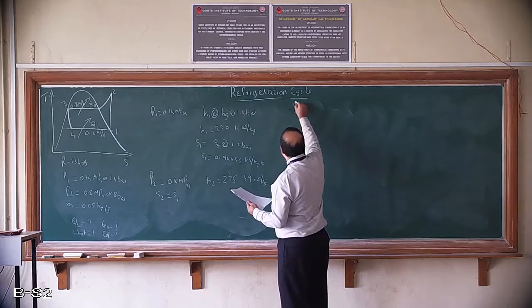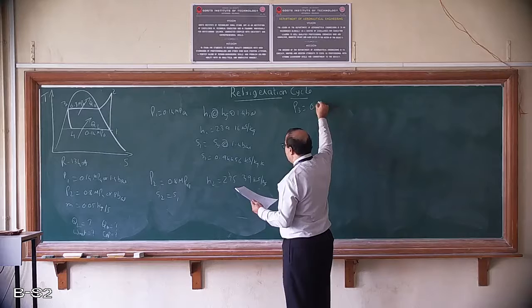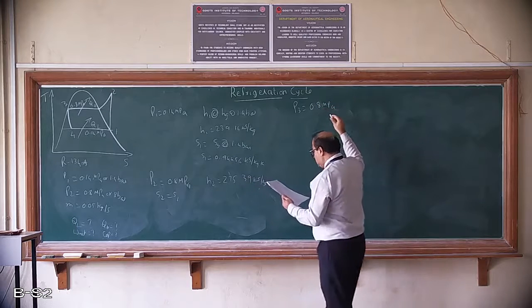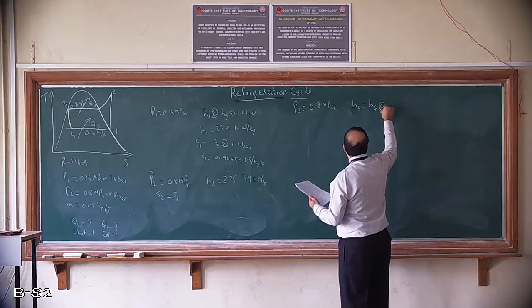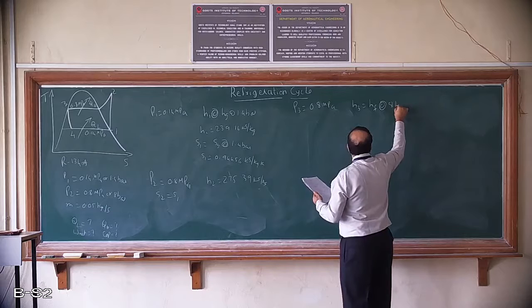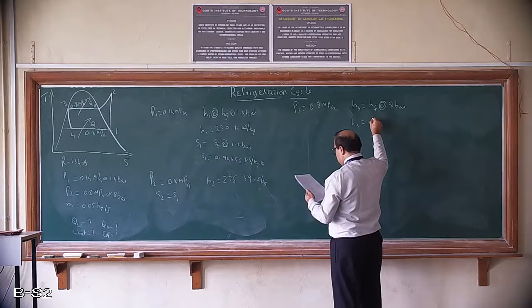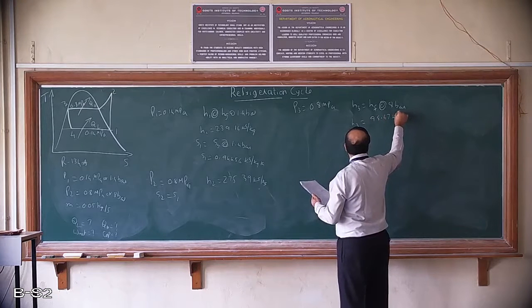Then P3 value is what? P3 is equal to P2, which is 0.8 megapascal. So H3 is equal to Hf at 8 bar. So H3 is equal to 95.47 kilojoules per kg.